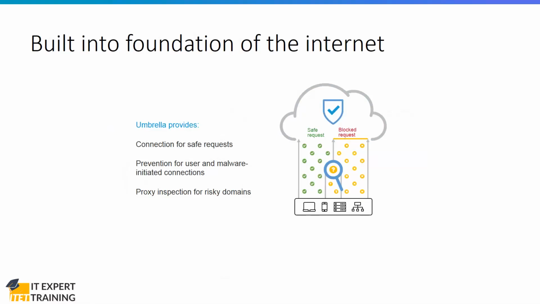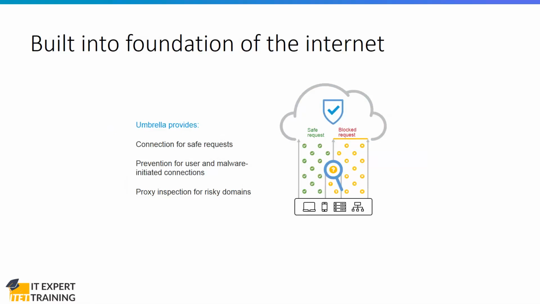If the request is a malicious request, then we route the connection to the block page. That means you can see the Umbrella block page: this site is a malicious site, so you cannot access. The third one, for the risky request, Umbrella will route the connection to the Umbrella cloud-based proxy for deeper inspection.